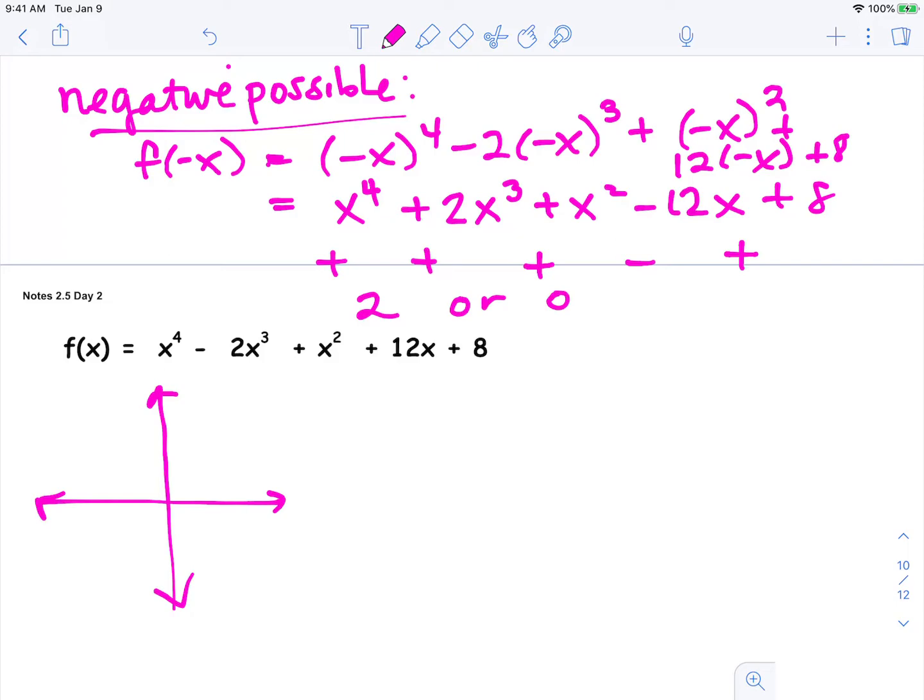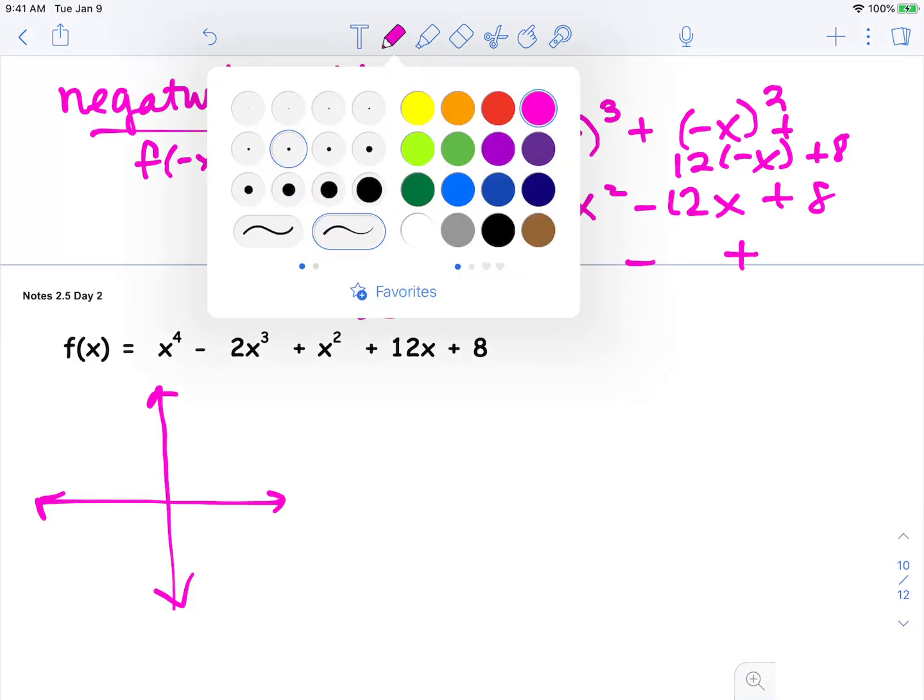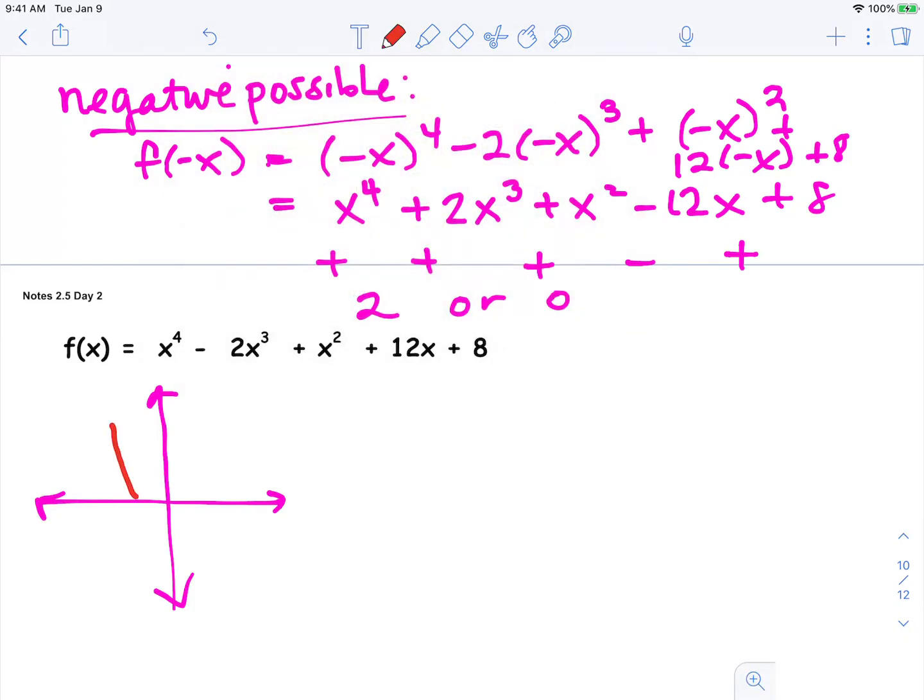And when you graph that out, you're going to get a possible x-intercept, looks like right here at negative 1. So we're going to check using synthetic division if that x equals negative 1 is a 0 of the function.